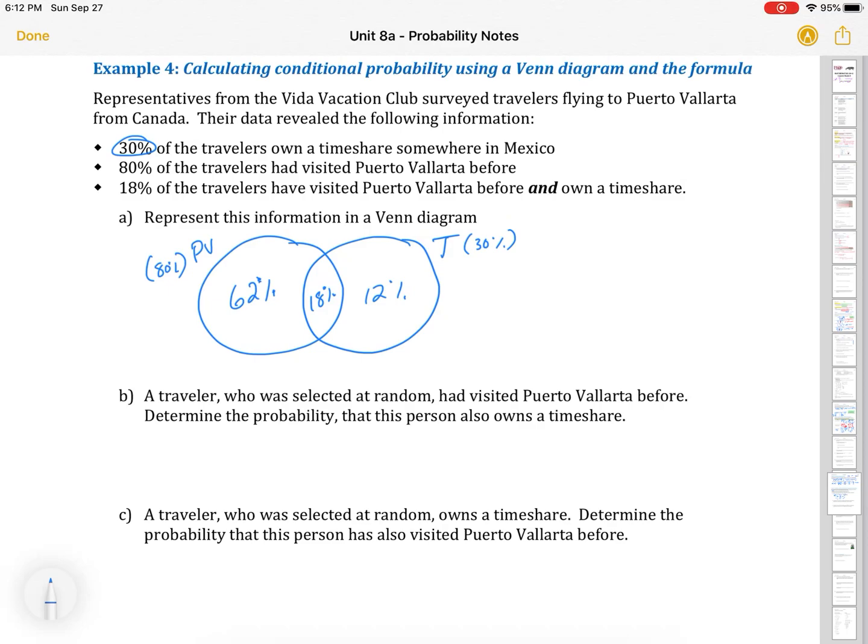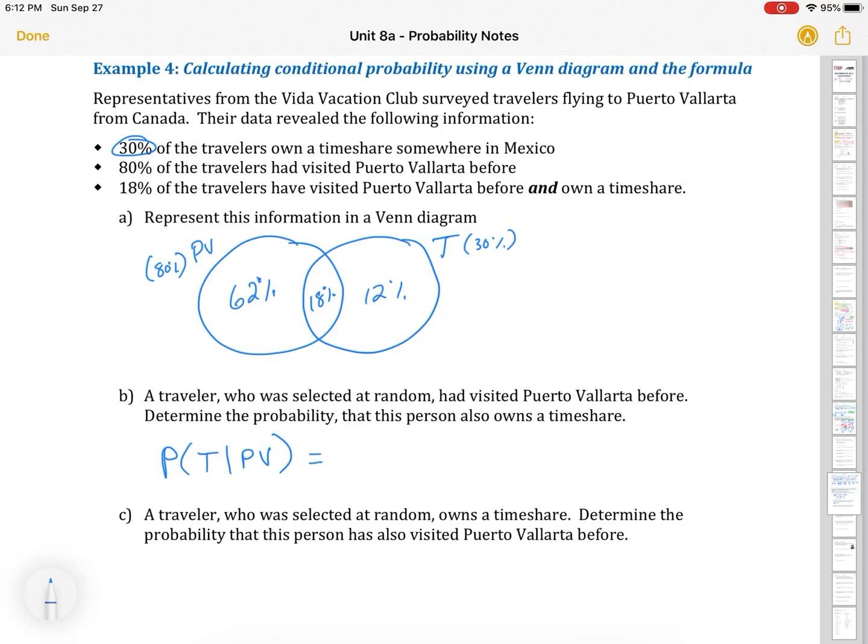Now, a traveler who was selected at random had visited Puerto Vallarta before. Determine the probability that this person also owns a timeshare. So we want to know the probability that they own a timeshare if they've been to Puerto Vallarta before.